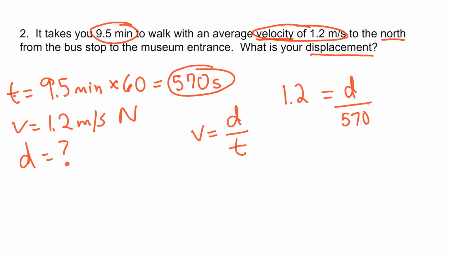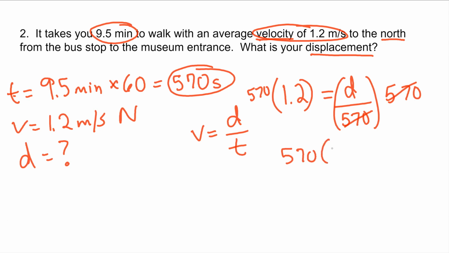From here, I can see that you can either cross multiply or multiply both sides by 570, which is probably what I'm going to do. This crosses out, and I get 570 times 1.2 equals my displacement.